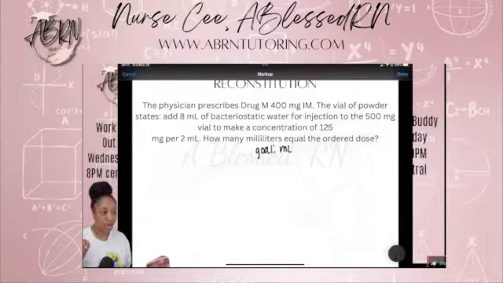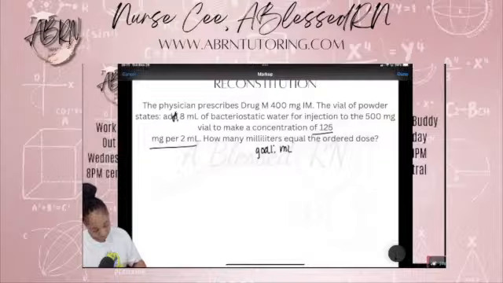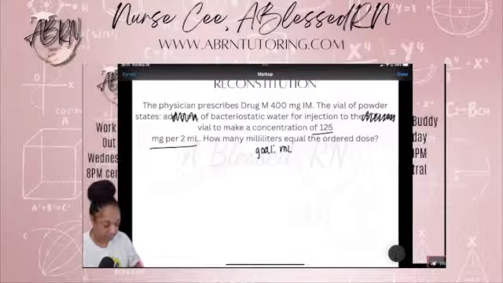We are going to concentrate on the final concentration after it has been reconstituted. So this is 125 milligrams per 2 mLs. This is fluff. This is fluff. Don't let it trip you up. Concentrate on the concentration. That's what you use, okay?